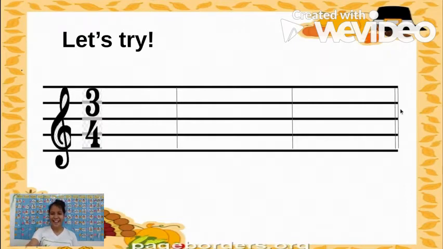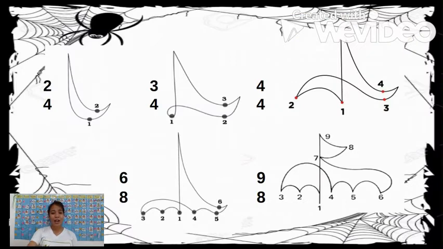Okay? All right. So since we're done talking about the time signature, of course, the time signature is also very useful when we do the conducting or the beating. Every morning we do beating, right? I always assign someone to do the beat for the flag raising, for the national anthem. Now, let's find out.